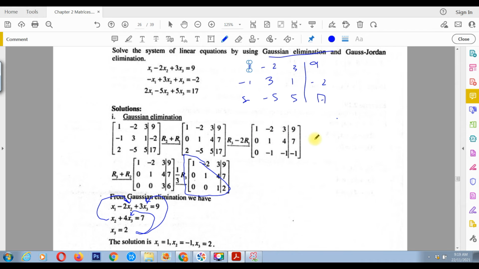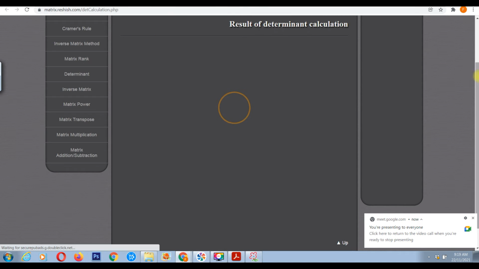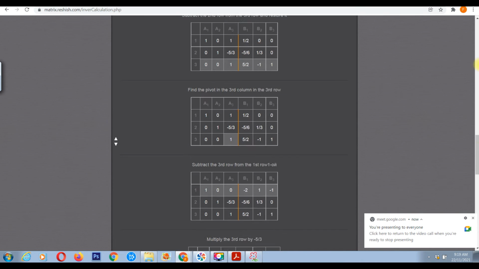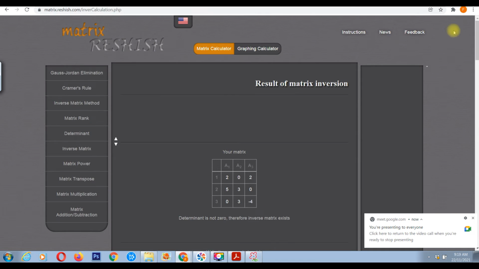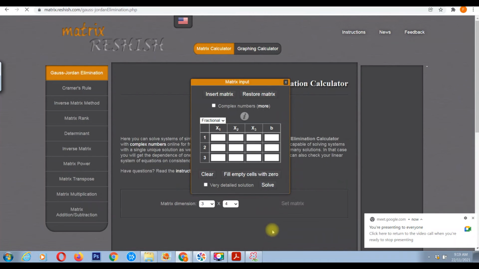Okay, so now we use the online calculator. You just click, for example, Gauss-Jordan elimination first, so 3 by 3 matrix.